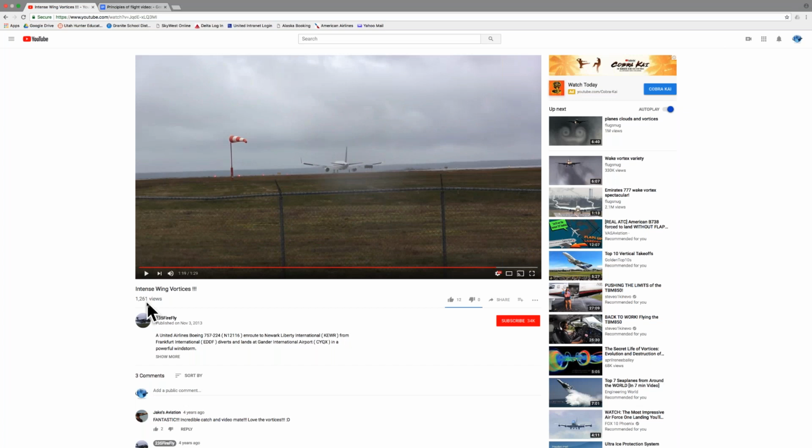I actually had a friend that flew for the Civil Air Patrol, and they had their 172. They were flying up in Salt Lake, and a larger jet landed right in front of them. He said they were trying to land longer and everything, but he still got caught by it, and it flipped his aircraft upside down.